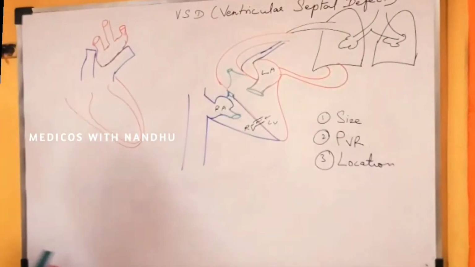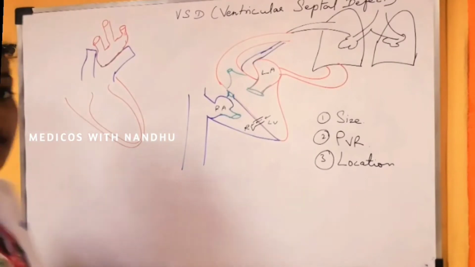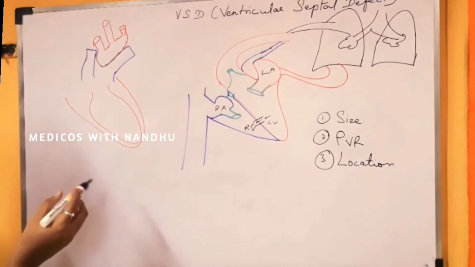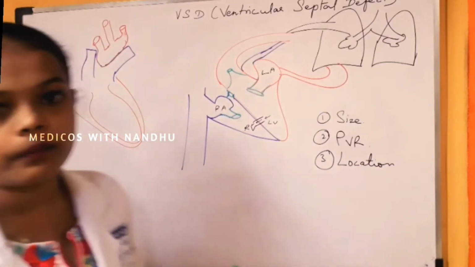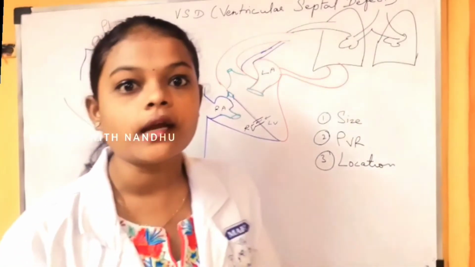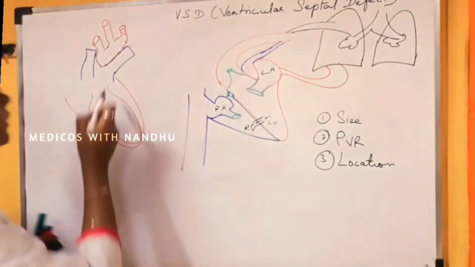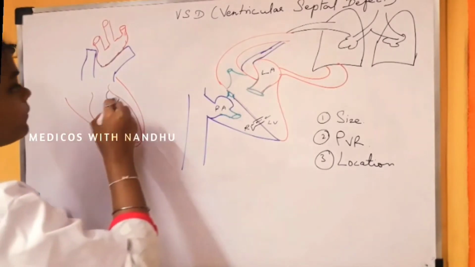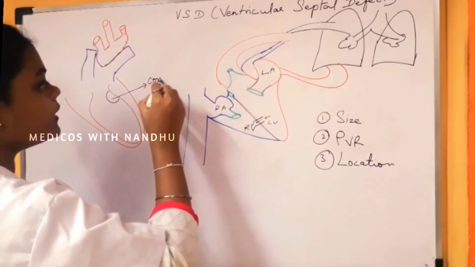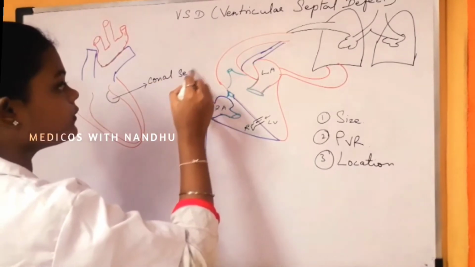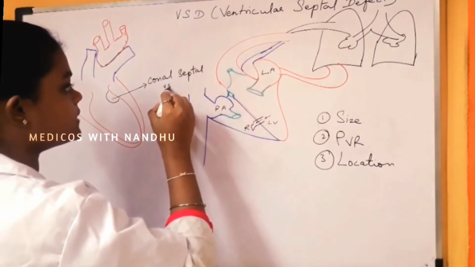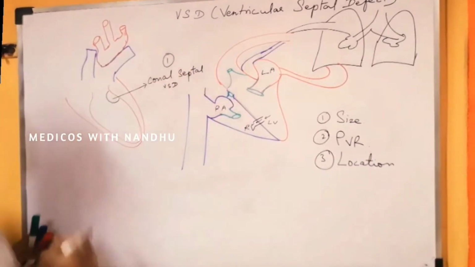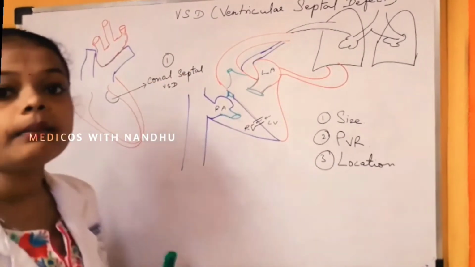The first type is conal septal VSD. The conal septal VSD is the rarest type of VSD and it is present below the pulmonary valve. So this is the pulmonary valve, and the conal septal VSD will be present here. This was the first type. Next, the second type is perimembranous VSD.